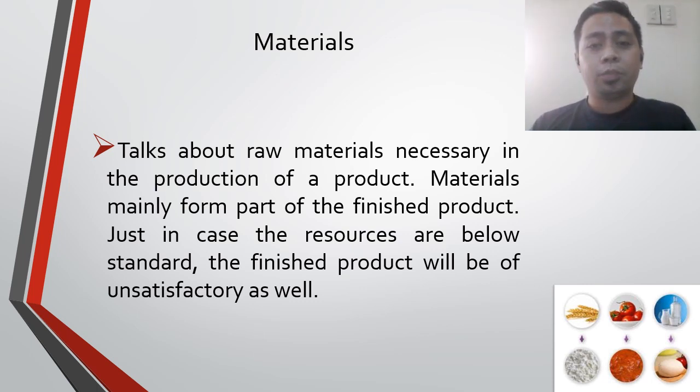So what is the difference between machine and the materials? When we go in accounting terms, okay, we go into the accounting subject. The machine or the equipment is seen in the balance sheet as an asset, while the materials or the raw materials are in the income statement.